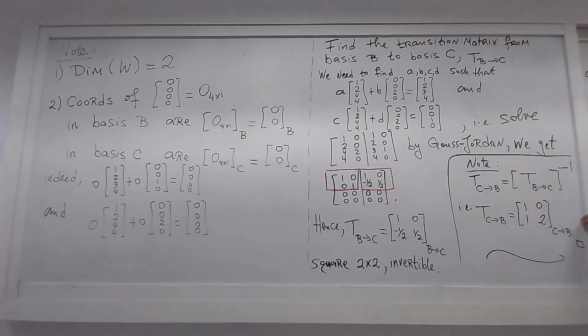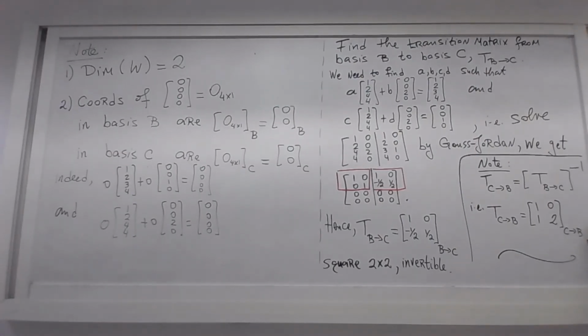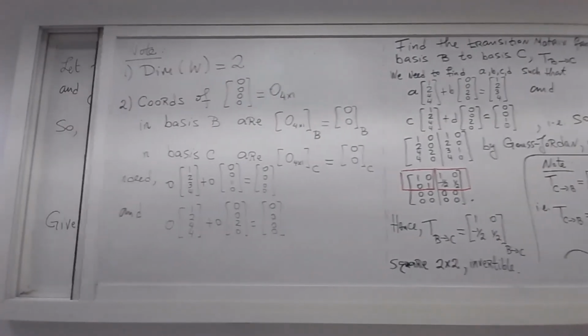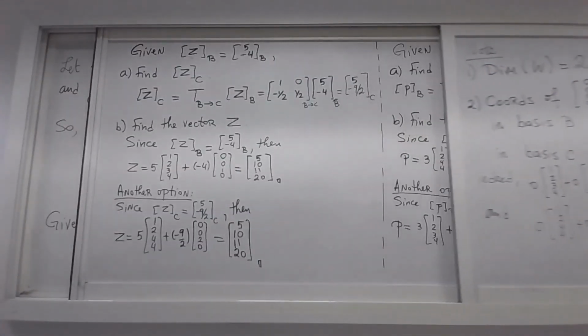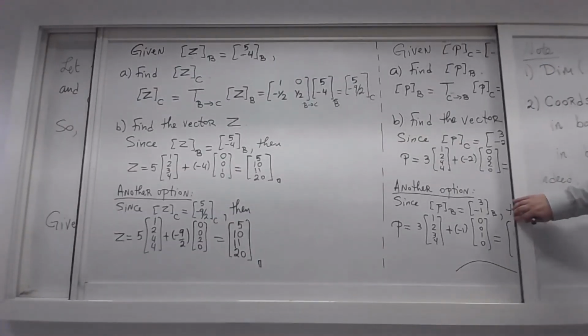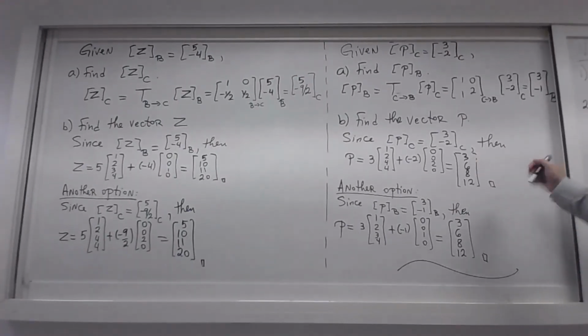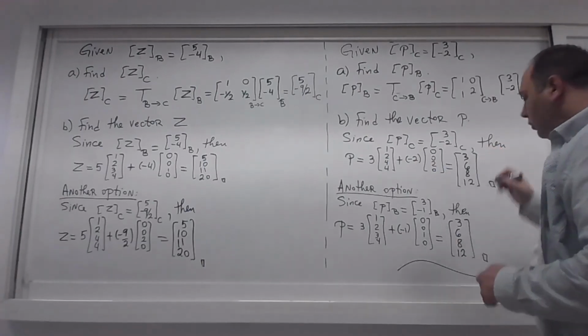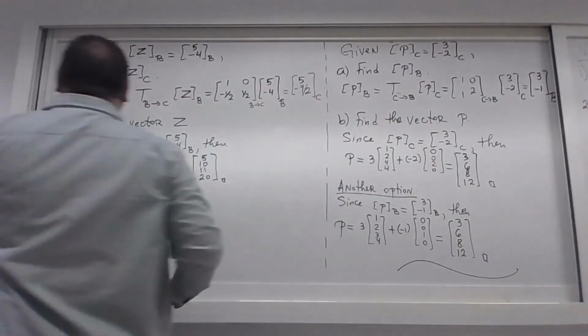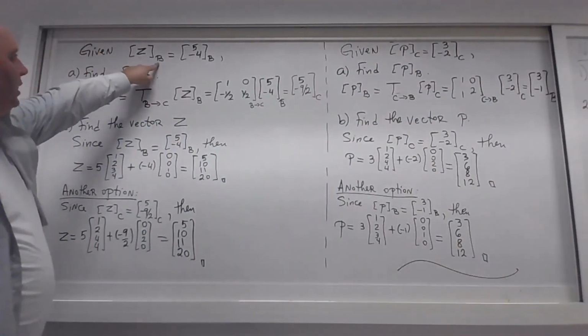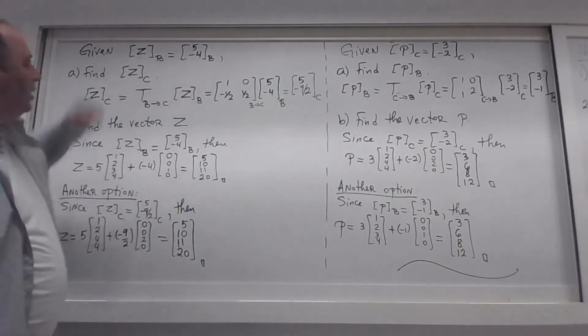So let's see now an example where we have actually some vectors that we don't even know what they are, but we are given coordinates of vector Z in basis B, and coordinates are 5 and -4.